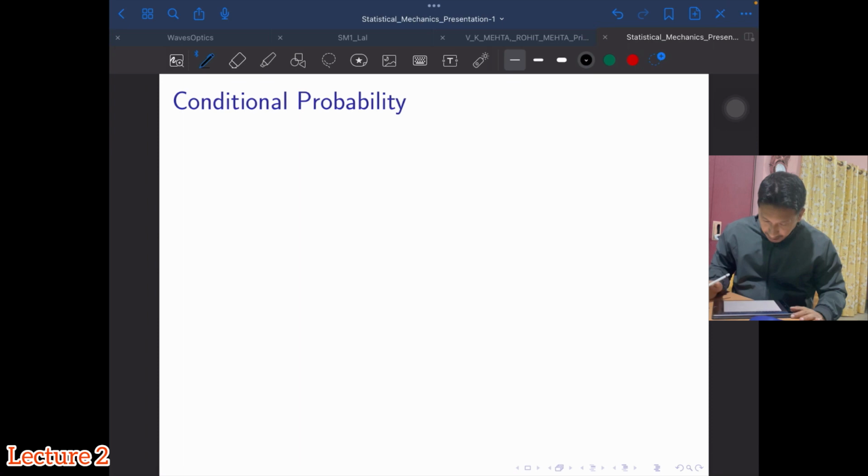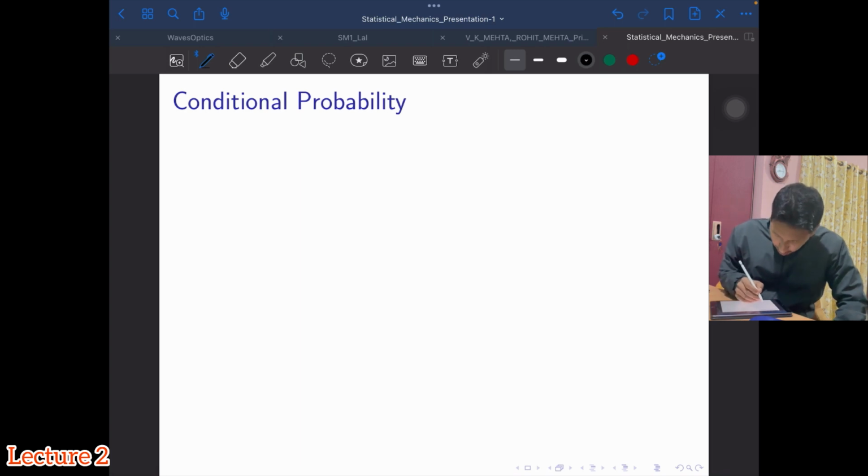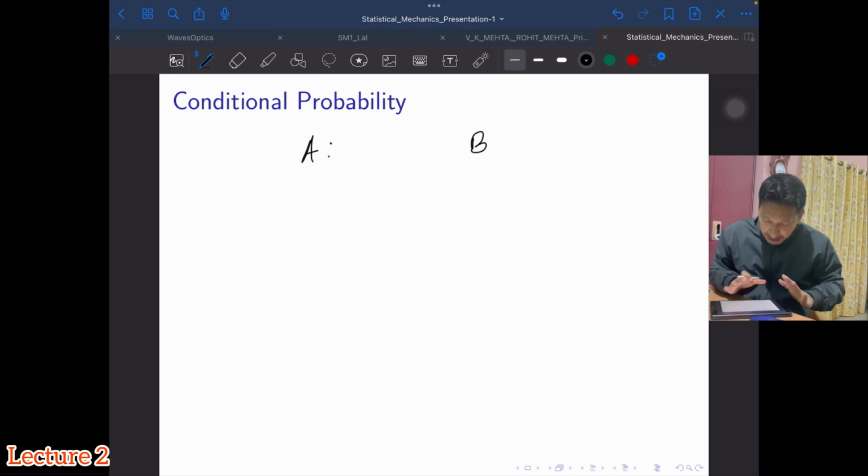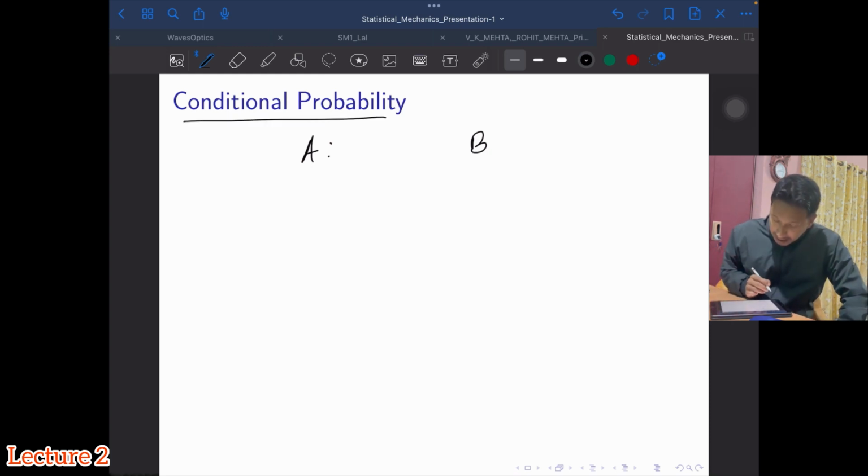Now let us move on and discuss conditional probability. Let's consider two events, I simply name them event A and event B. I don't know what these two events are, but simply consider events A and B. In conditional probability, these two events happen one after the other, so one precedes the other.